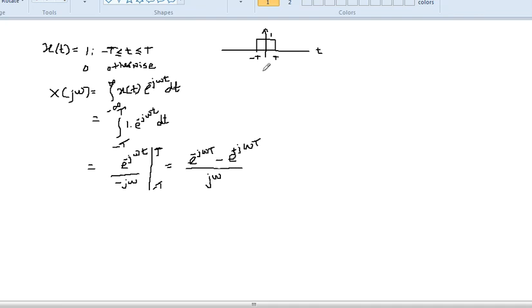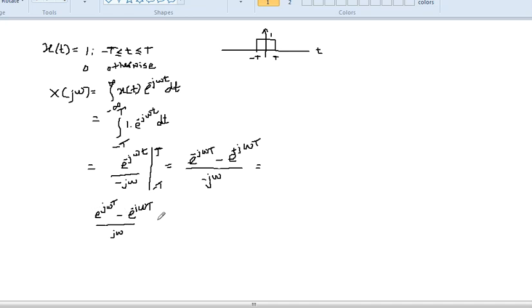Now, for these kinds of problems, we get such an exponential term, and this exponential term has to be solved. We know the sine expansion, sine of omega T is e raised to j omega T minus e raised to minus j omega T, divided by 2j. So we can write this as e raised to plus j omega T divided by j omega.